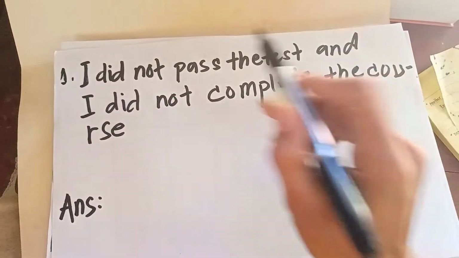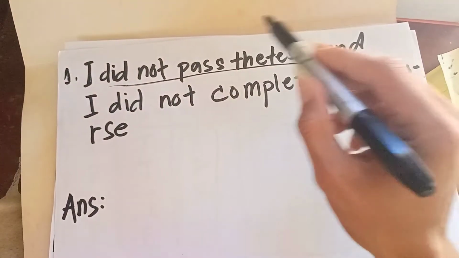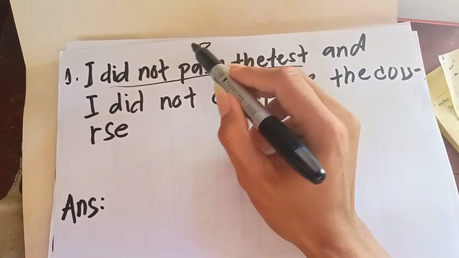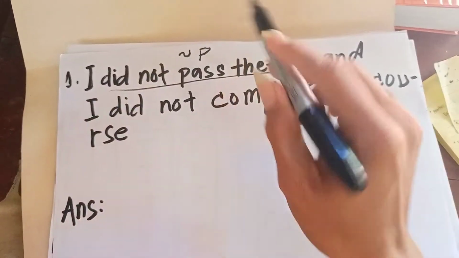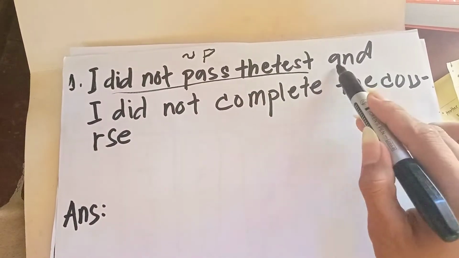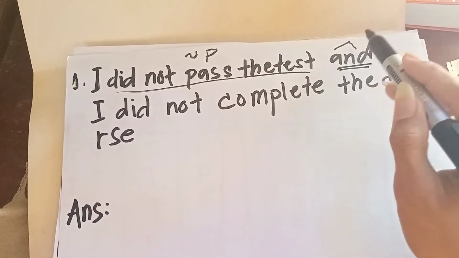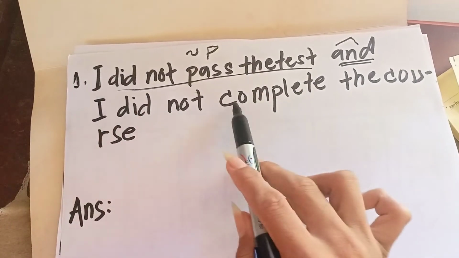So, first things first, let's assume the first statement is P. Since it is not, a negation. Then, the connective here is AND. Then, I did not complete.